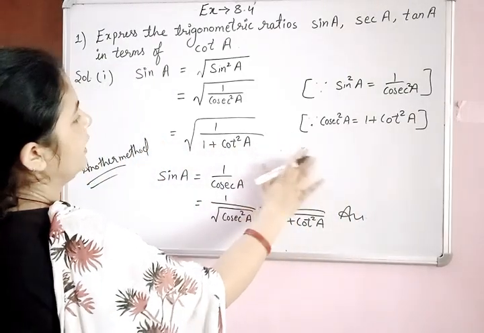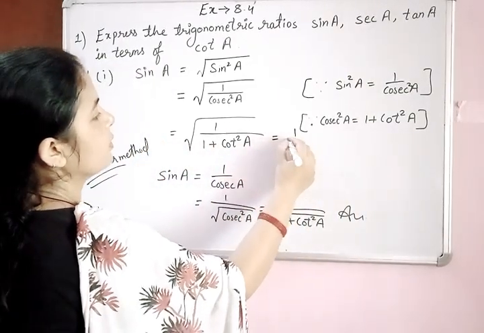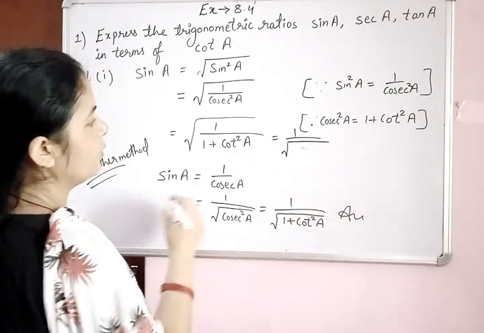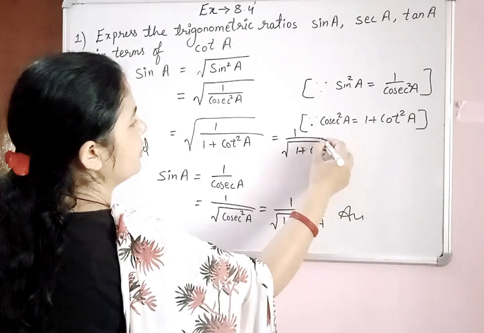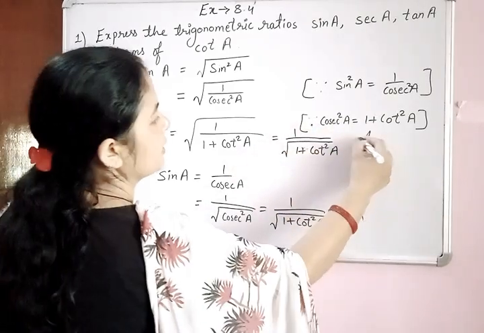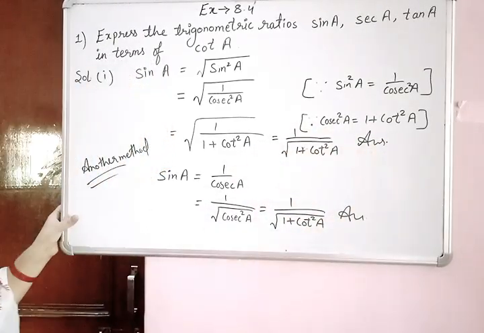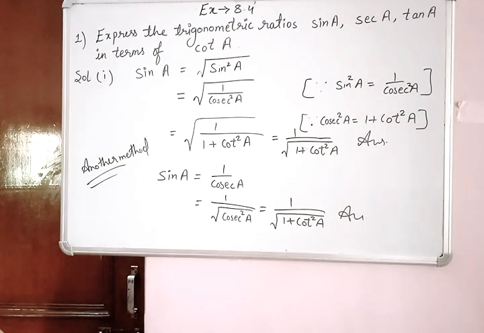Here you can write square root of 1 as 1, then in denominator 1 upon under root 1 plus cot square A. You can see both answers are same. So, you can use any one method.